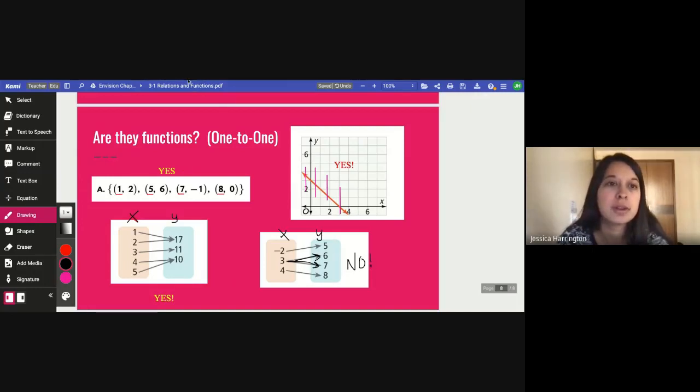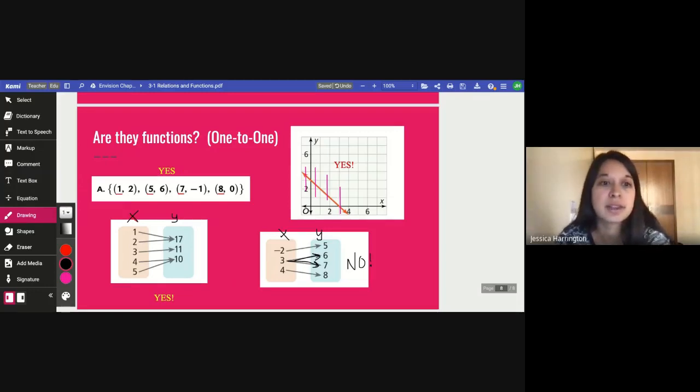-2, 3, 4. I'm just going to come over here and graph it in Desmos. So we've got -2, 3, 3, and 4. And I have to put 3 twice because there's 2 y values for it, right? 5, 6, 7, 8.